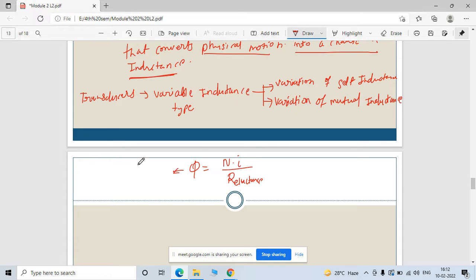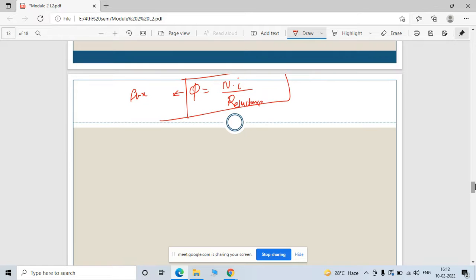I am not going through the whole derivation in detail, but when you differentiate this flux with respect to time, and use the relation N d phi by dt, you get some relation here.